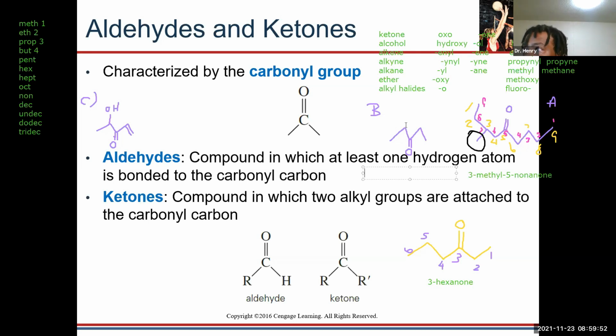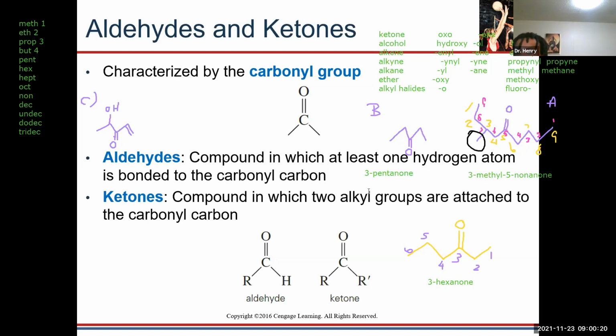That's 1, 2, 3, 4, 5. So it's 5 carbons. There we go. Pentanone. Right. So it would be 3 pentanone.